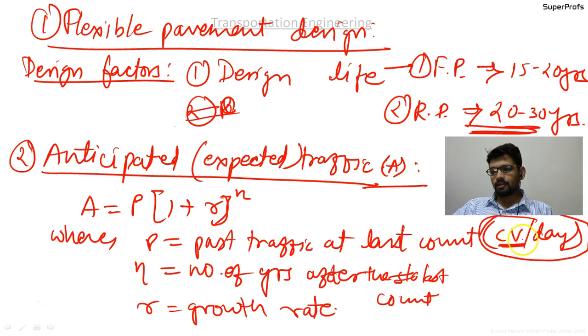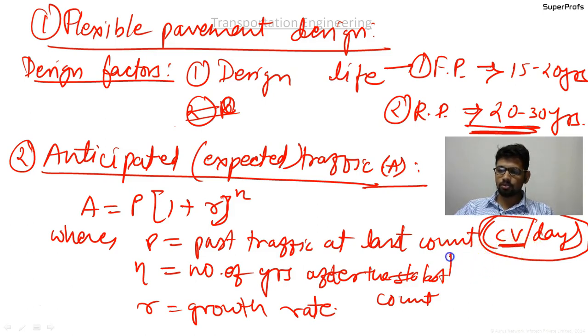The traffic volume that you will have will be in PCU per day, so you need to convert PCU per day to CVs, commercial vehicles per day. We don't use PCU in pavement design, as PCUs are light vehicles and don't cause any kind of harm to our pavements. So what is the criteria for commercial vehicles?